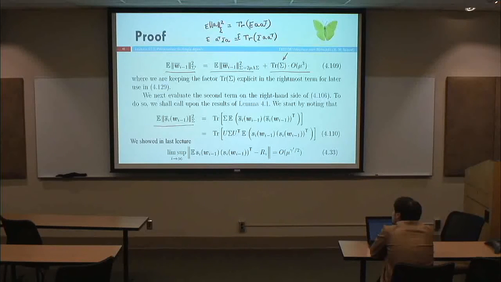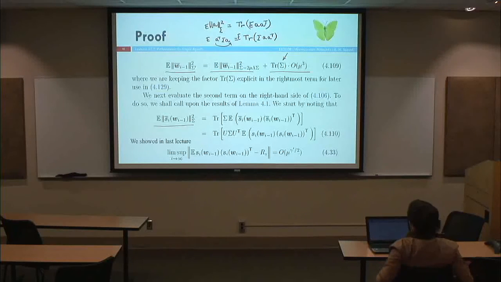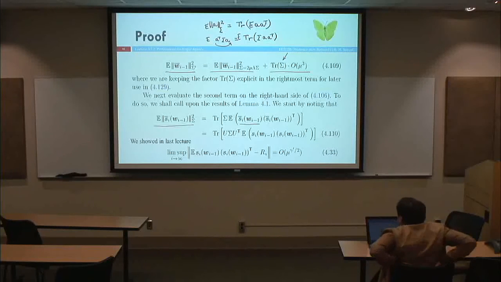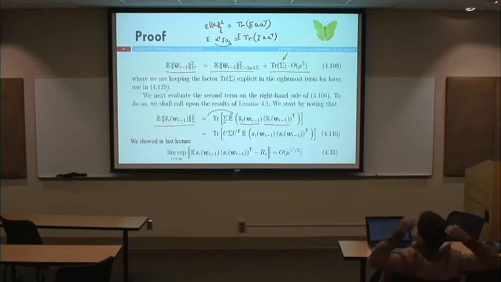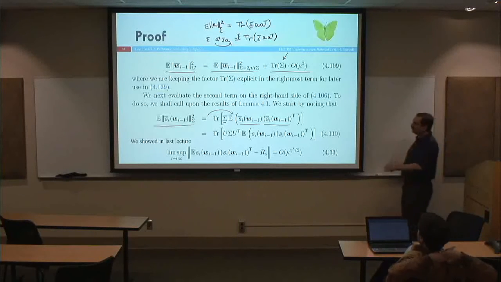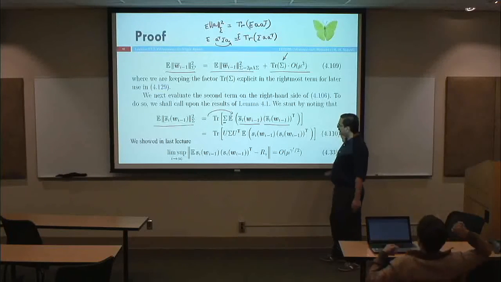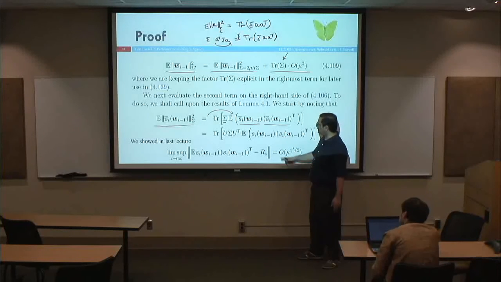Trace of AB is the trace of BA, so I can take this A transpose to the other side. Okay, so this is what I wrote here. You see, expected value of A transpose, sigma, and I brought the expected value inside. Nothing changed, right? Why do I do this? And now you will see very soon why I do this.